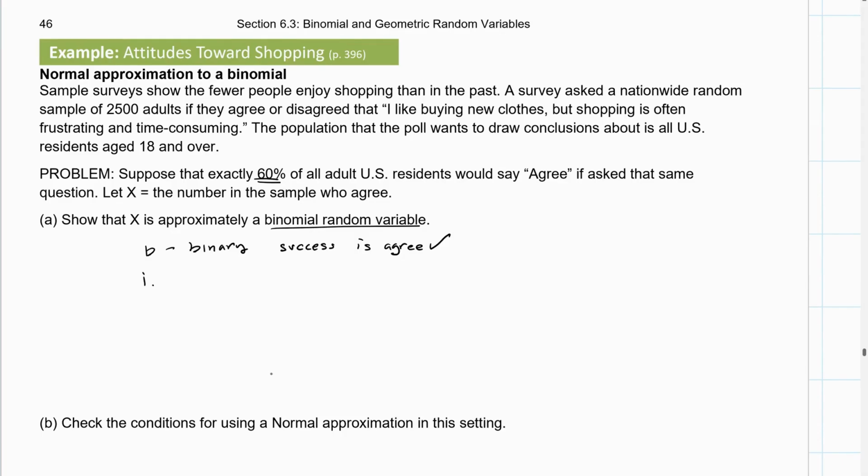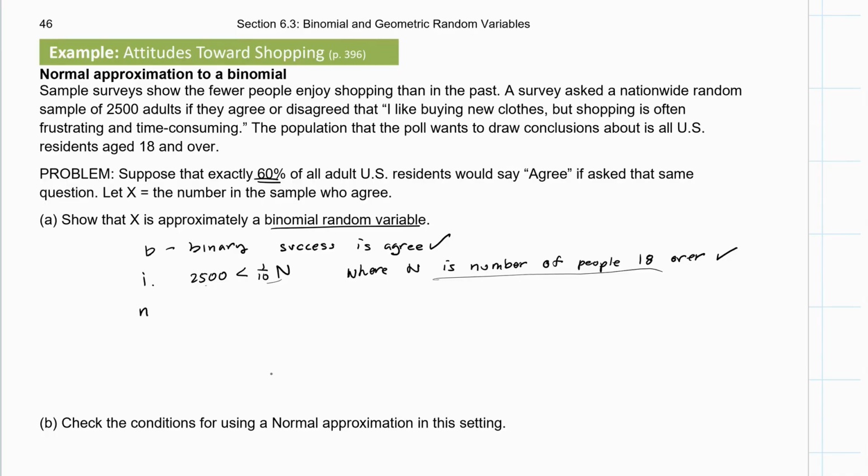So we have to ask, is 2,500 less than 1/10 of n, where n is the number of people 18 or over? Certainly the number of people 18 and over is much bigger; 1/10 of it is much bigger than 2,500. So we meet that criteria.